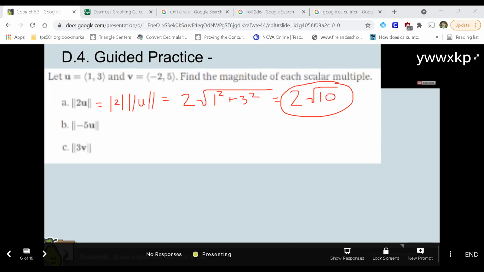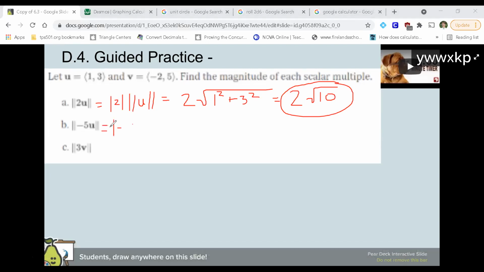All right, Ty. What do you think? So is that an absolute value? That is an absolute value. So that should be 5. Times what? Yep, 1 squared plus 3 squared.